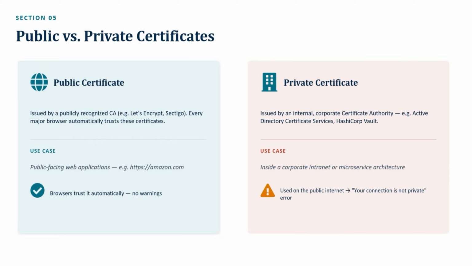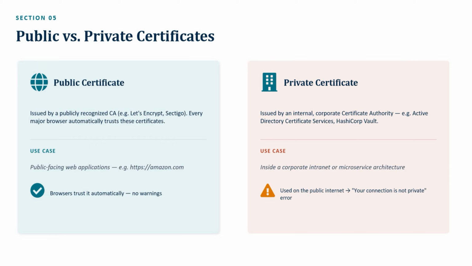Any website in the market uses a public certificate because it is recognized by a CA, and this is how browsers know to trust the certificate. The browser trusts your public certificate, and that's why it gives no warning.